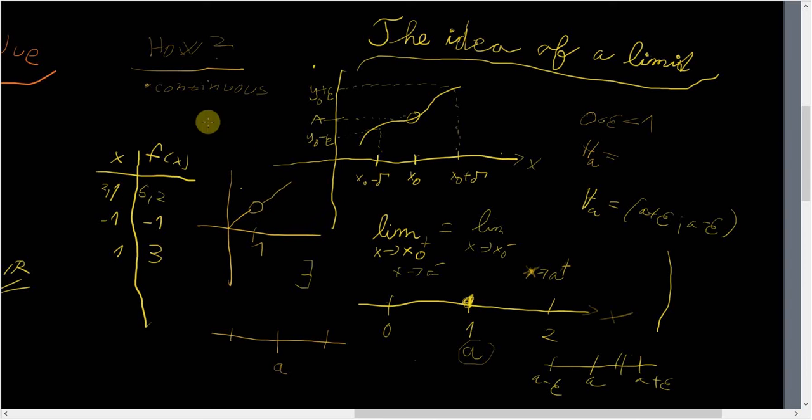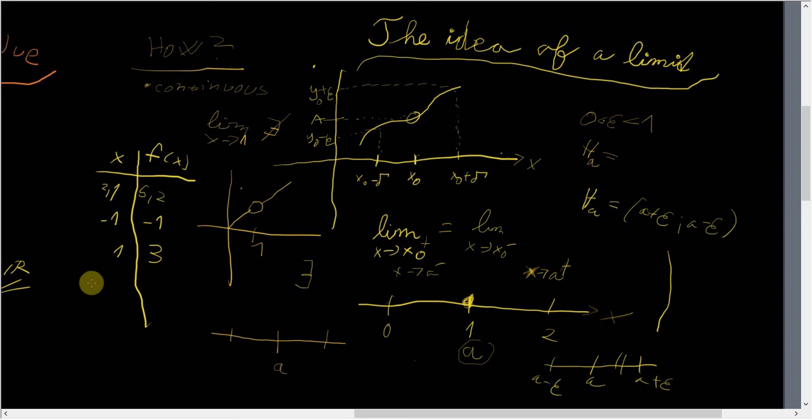Then if we're approaching the limit, it doesn't matter from which direction, let's say we're approaching the number 1 on the x-axis from both sides, our limit does not exist. It's denoted like this.